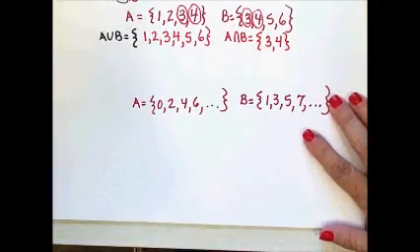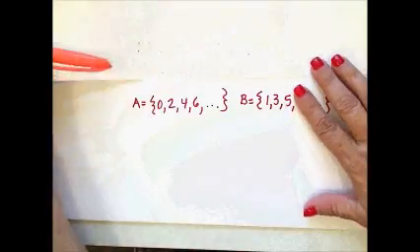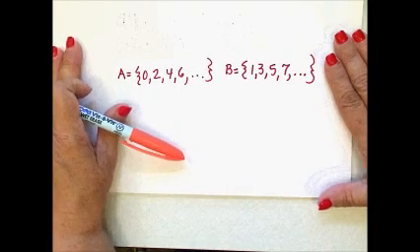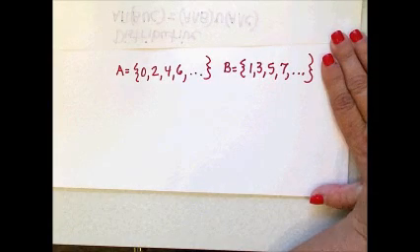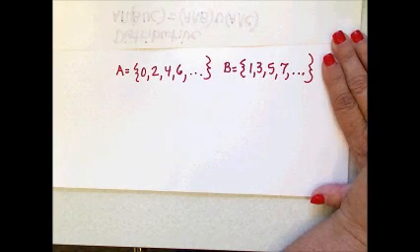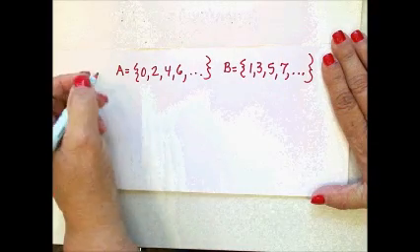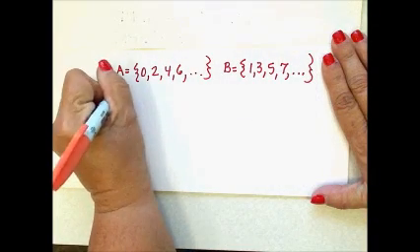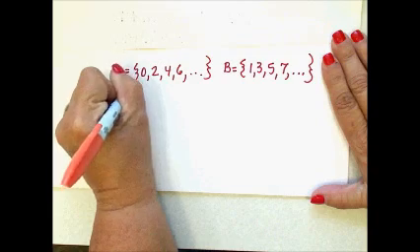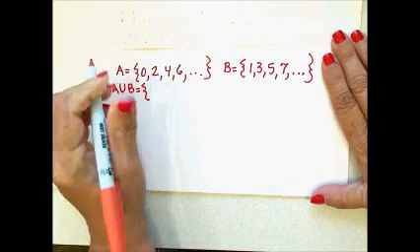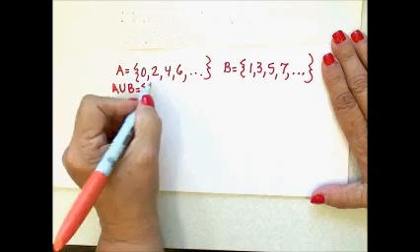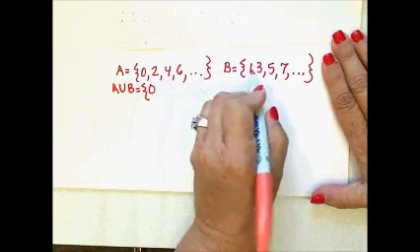Now let's look at this one. We've got sets. A is the set 0, 2, 4, 6. B is 1, 3, 5, 7. So let's talk about A union B. Over here we got 0. Here we got 1.